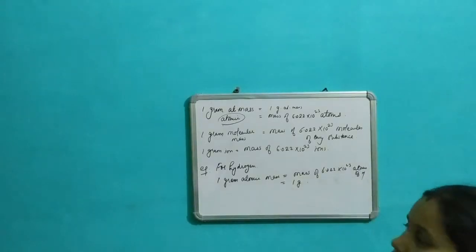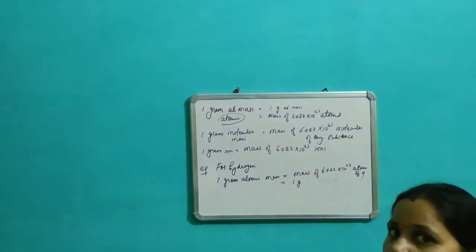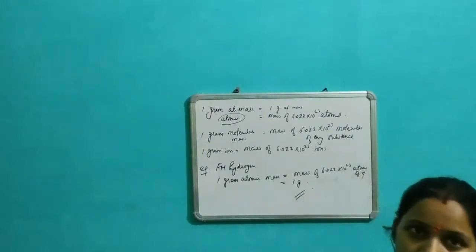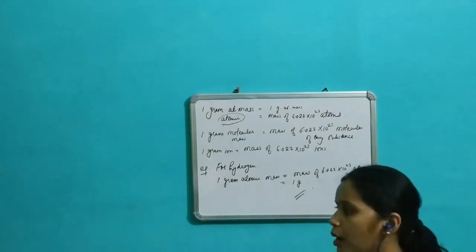And if I say 1 gram molecular mass of H2, then it will be 2 grams. So this is gram atomic mass and gram molecular mass.